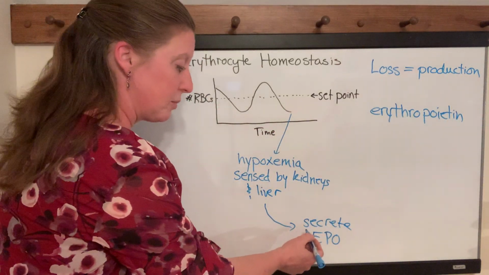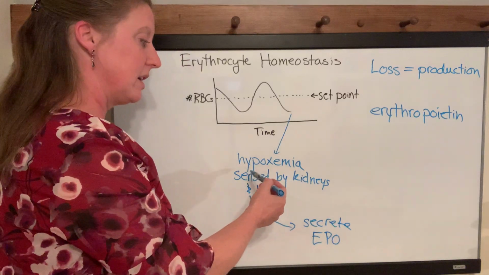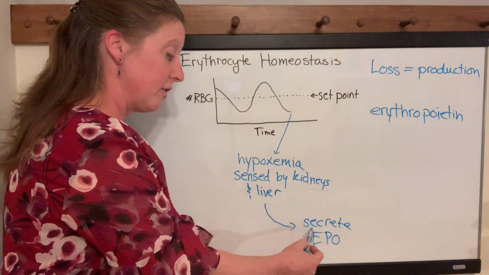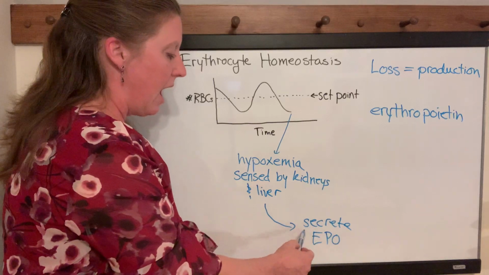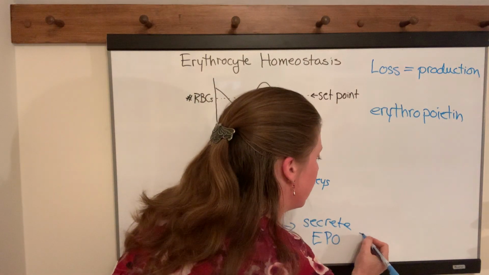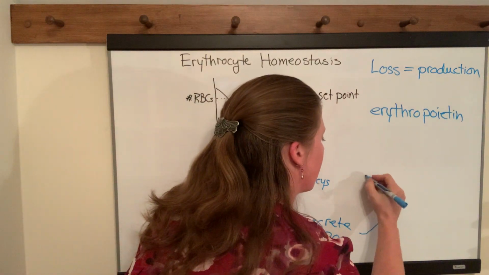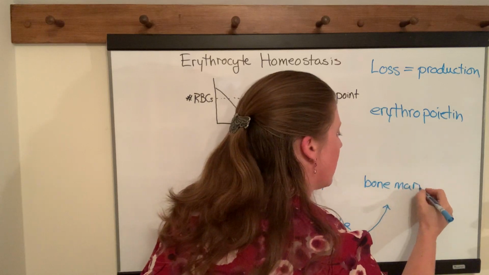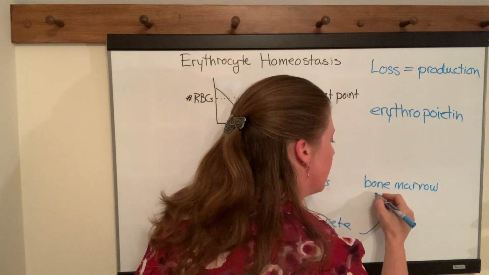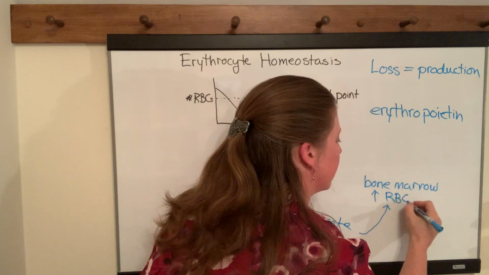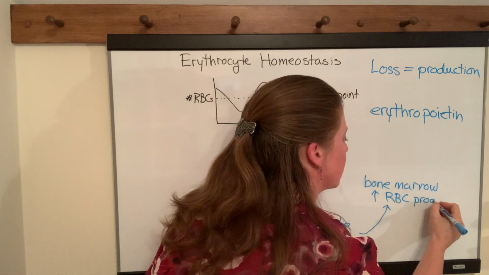All right, so it's abbreviated EPO, and when we have hypoxemia, it's sensed by the kidneys and liver, you only have one, which then secrete erythropoietin. Erythropoietin goes to the bone marrow and the bone marrow, in response, increases red blood cell production.